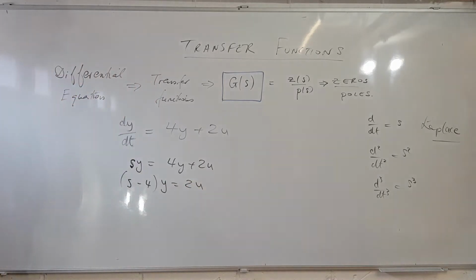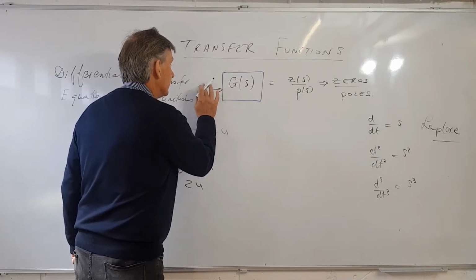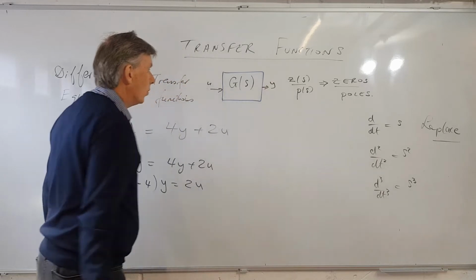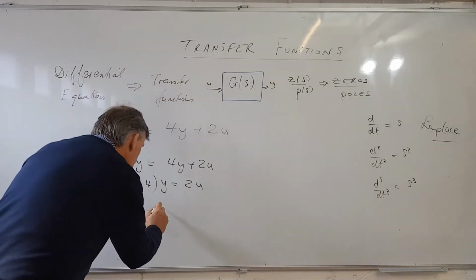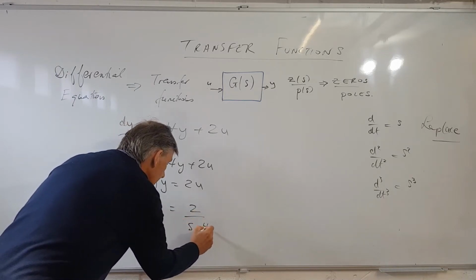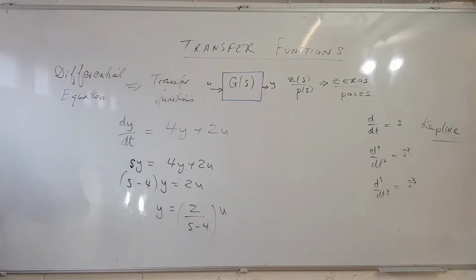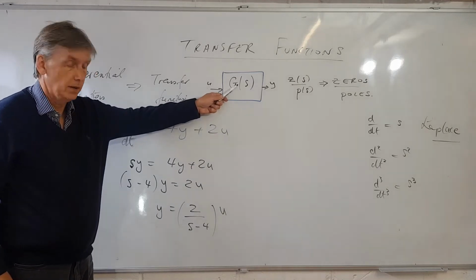Then we can rewrite this as a transfer function. We have an input here, u, and an output there, y typically. So we get y equals 2 over (s minus 4) times u, and the 2 over (s minus 4) is the transfer function.